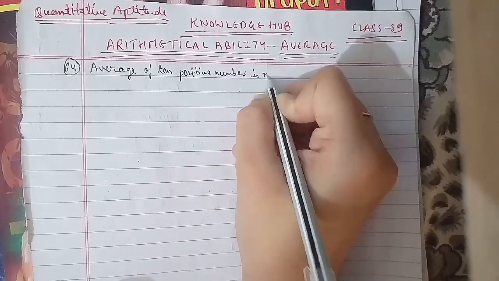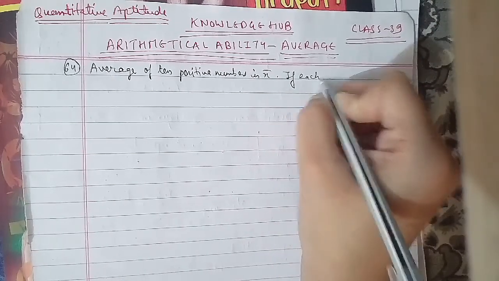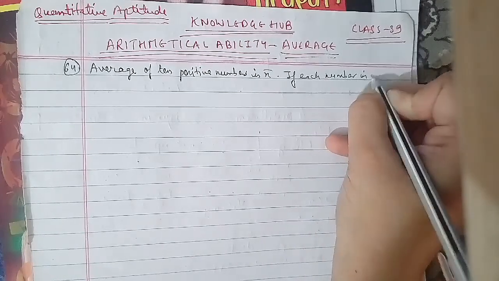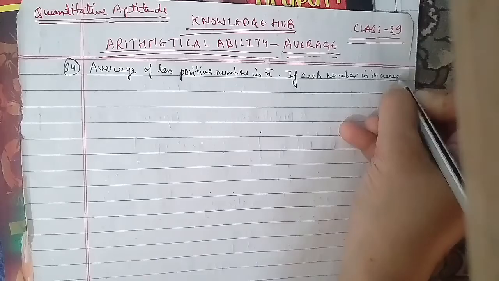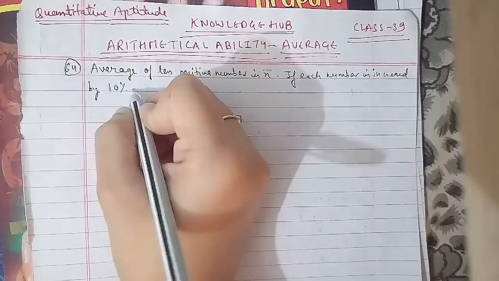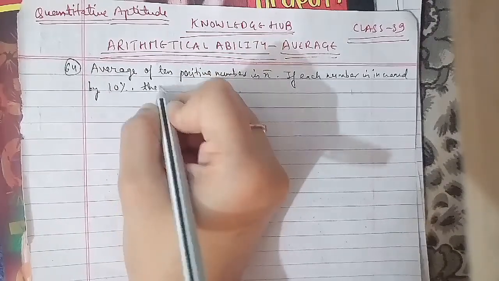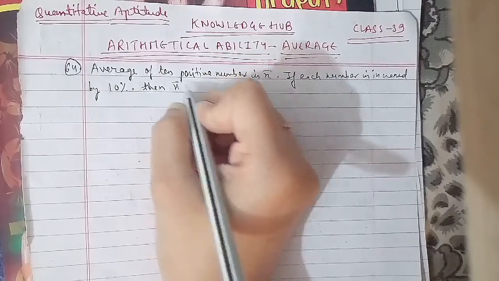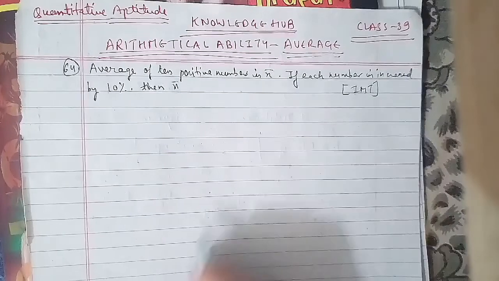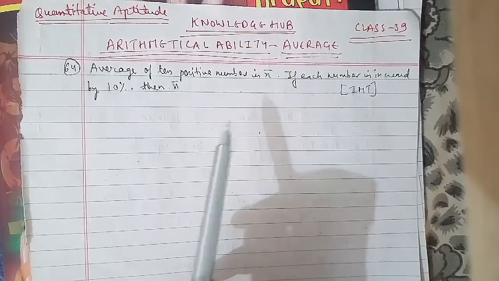If each number is increased by 10%, then x bar, we have to find out. This has been asked in your IMT examination paper. As options, as I told you: remains unchanged, may decrease, may increase, and is increased by 10%. That we have to talk about.